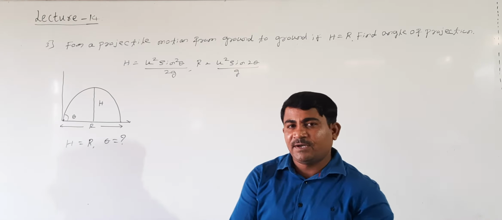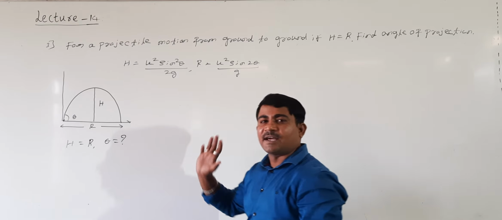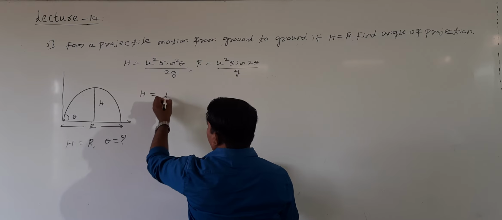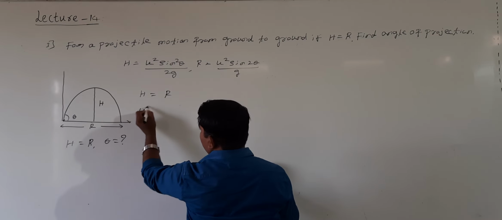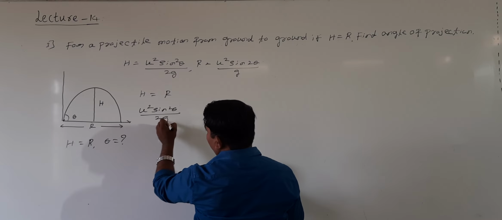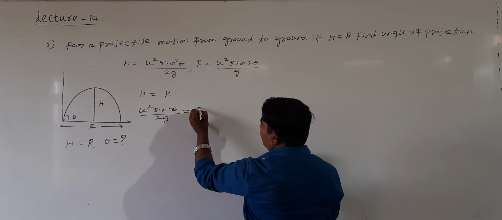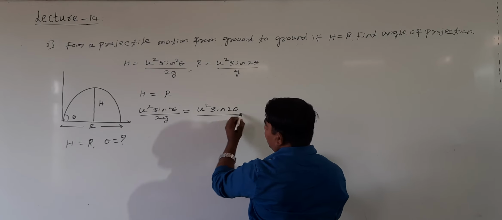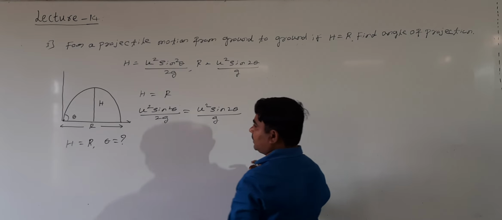But what is the condition given? h is equal to r. So u square sin square theta whole divided by 2g equals u square sin 2 theta divided by g, right?